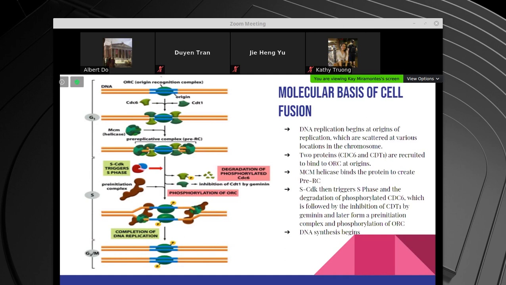Am I mistaking that for something else? I don't think there's a CSF here. No, okay, sorry guys, I think I misspelled it. It's an S. We have MPF and SPF. Okay, gotcha. MPF is for the M phase and SPF is probably for the S phase. Got it. Thank you guys.